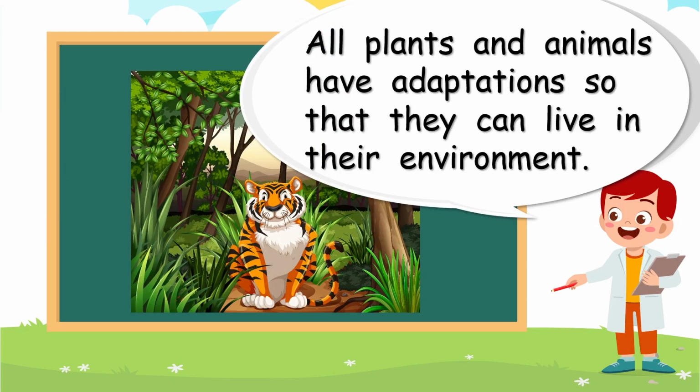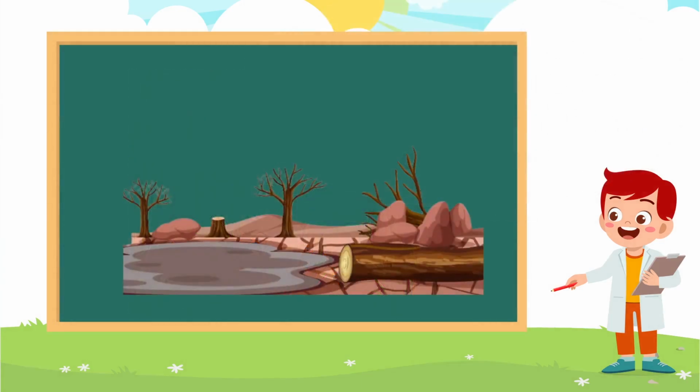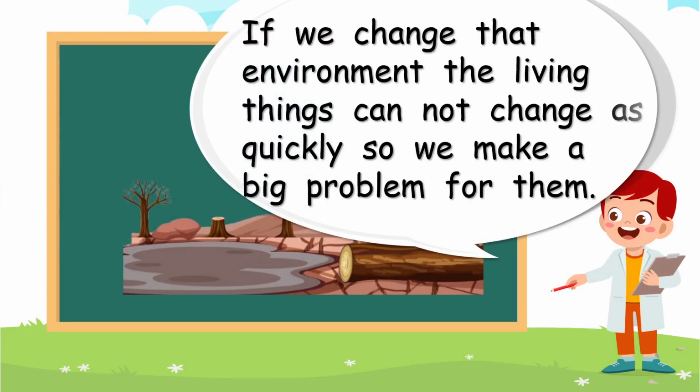All plants and animals have adaptations so that they can live in their environment. Plants and animals want to live safely in their environment, so they adapt. If we change that environment, the living things cannot change as quickly.